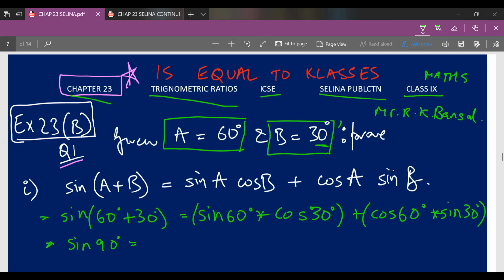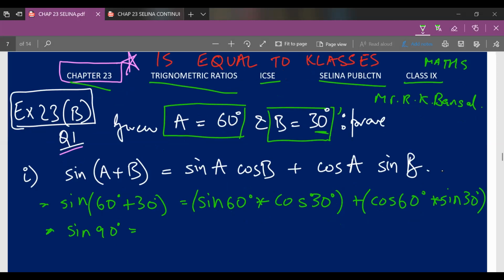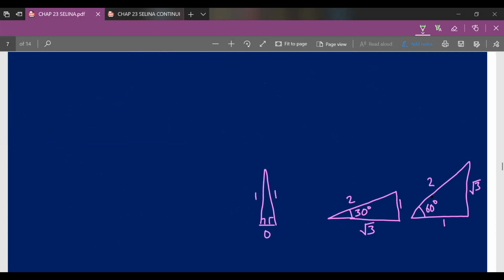So for the trigonometric ratio of 60 degree, sine 60 degree, there is a magic triangle for 60 degree. So we'll scroll down a bit, and here is the magic triangle for 60 degree. So sine 60 degree basically means that with respect to angle 60 degree, and it should be towards the ground. Now what do you mean by the term towards the ground? In my earlier videos also I have mentioned what it means towards the ground in solving trigonometry, so you could refer to those videos.